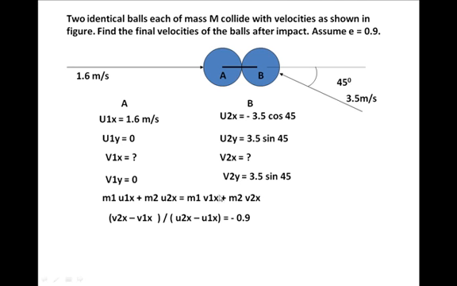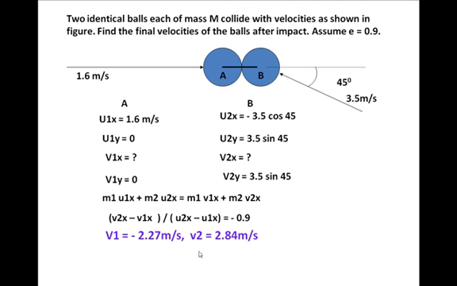If you put in the numbers, and since all masses are the same, these m's will cancel out, and we will be able to solve for v1x and v2x. And if we do that, we will get v1x as minus 2.27, and v2x as 2.84.